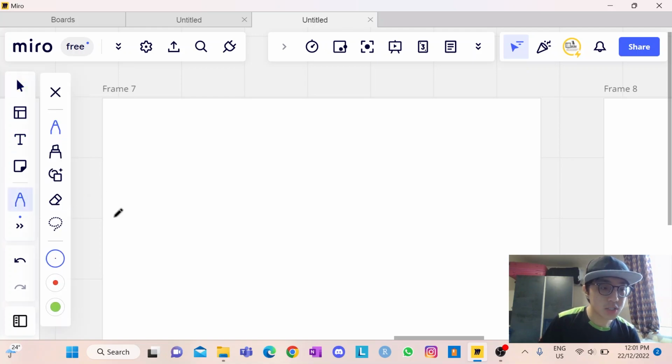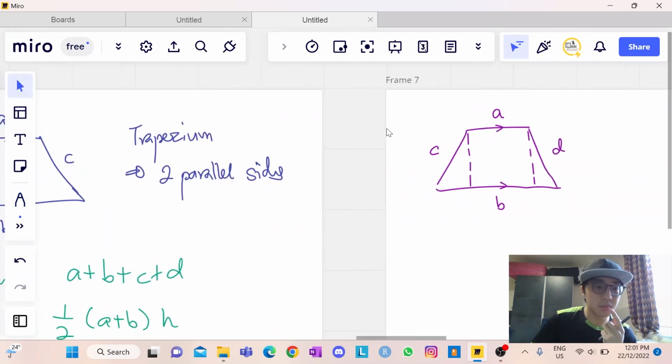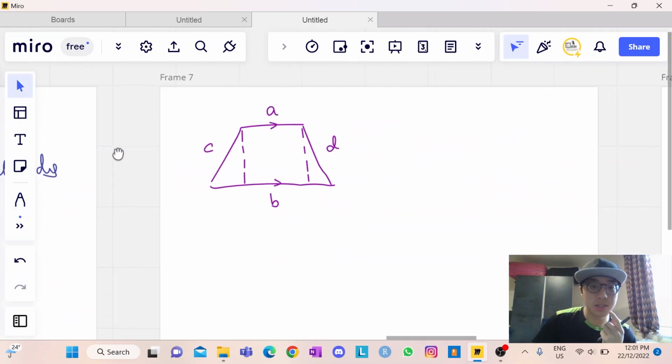If you imagine this trapezium as like this, all right, okay, this is A, B, C, and D. Or we're going to just follow back how we had it: A, B, C is the right side. Okay.